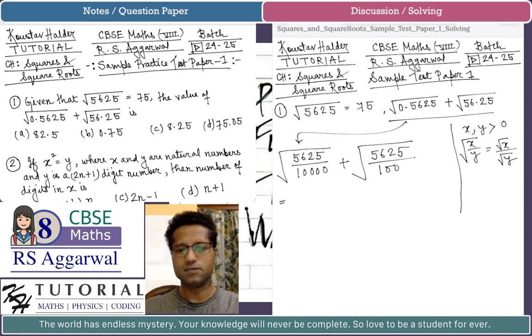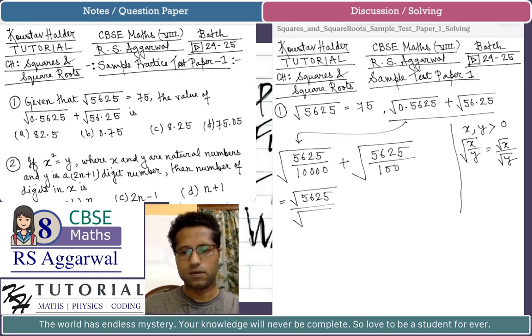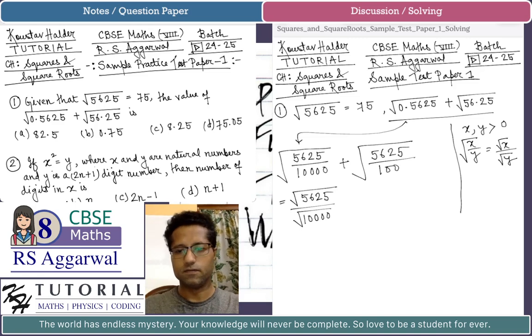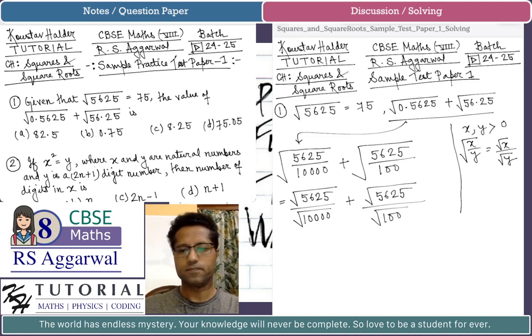So we will apply this and we get the first term as square root of 5625 divided by the square root of 10,000, that is 4 zeros after 1, and the second term is square root of 5625 divided by square root of 100.